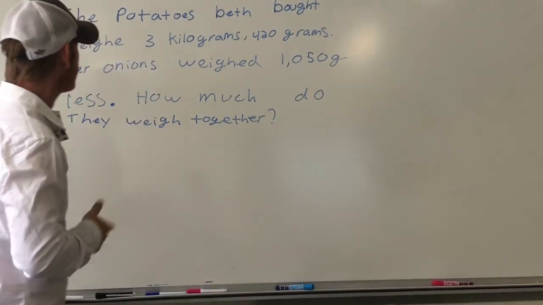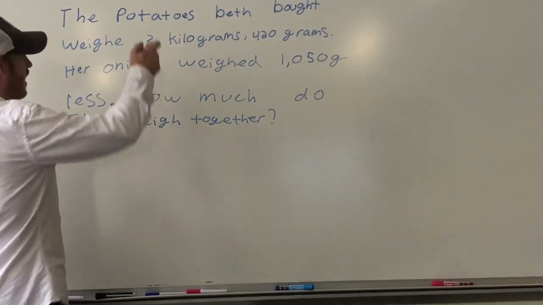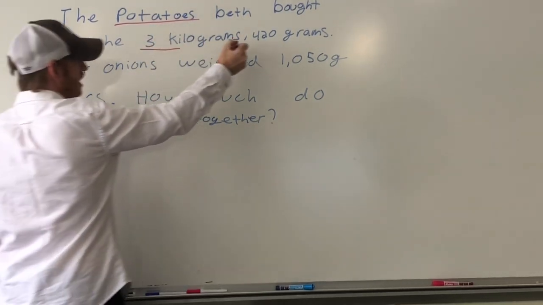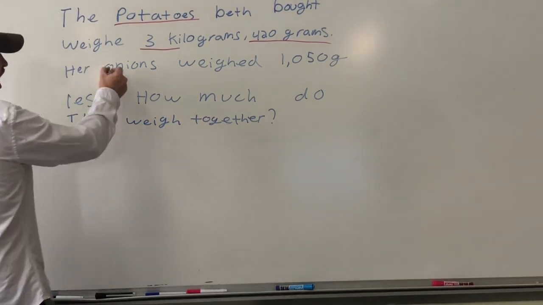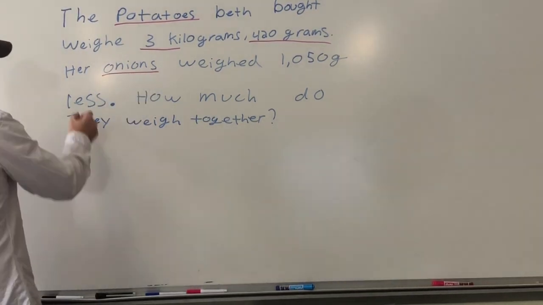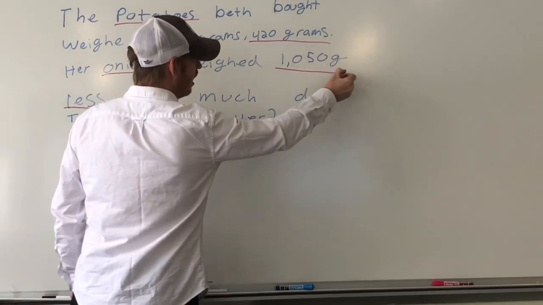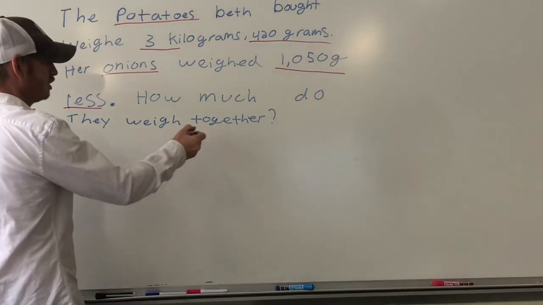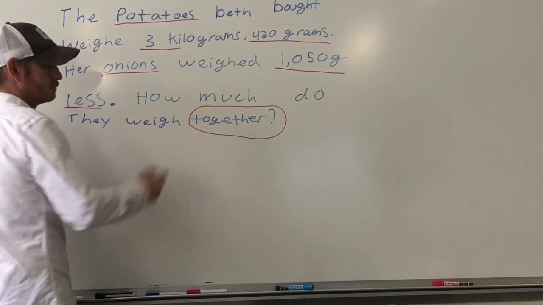So, what's the important information here? We know that the potatoes weigh 3 kilograms and 420 grams. We know that the onions weigh less by 1,050 grams. And then we're trying to figure out how much they weigh together.